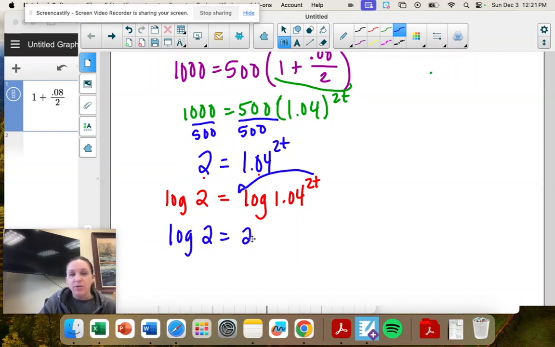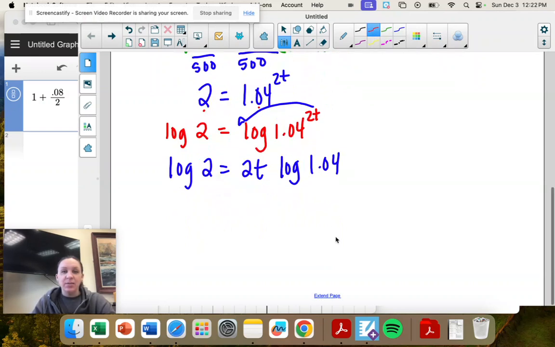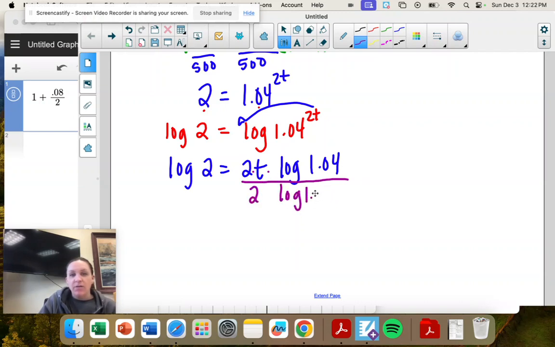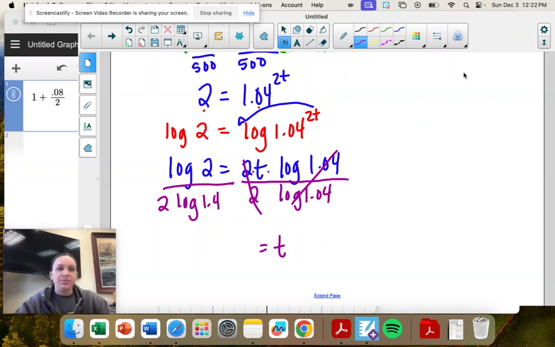So I have 2t times log of 1.04. Last step is to get t by itself. This is all being multiplied, so we're going to divide everything by 2 log of 1.04. Same thing over here. So now t's by itself, and this is what goes in our calculator.